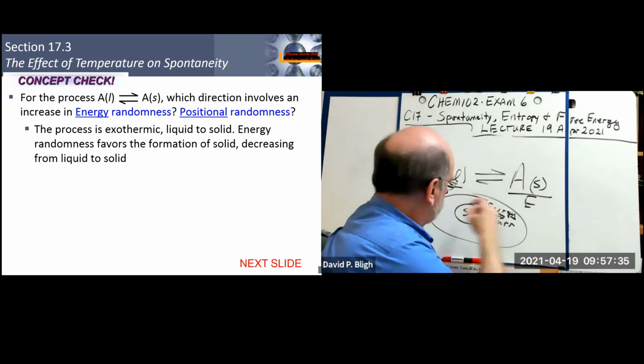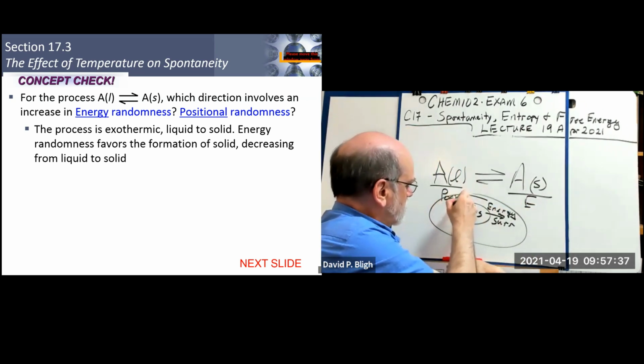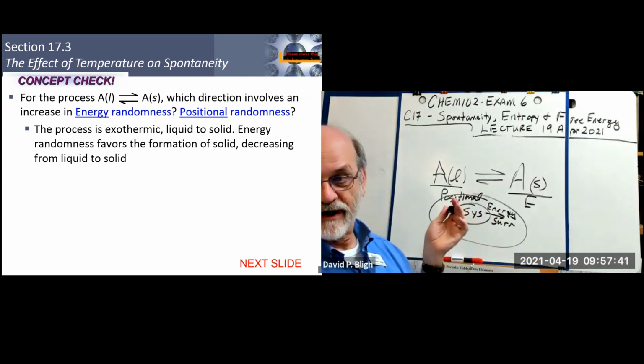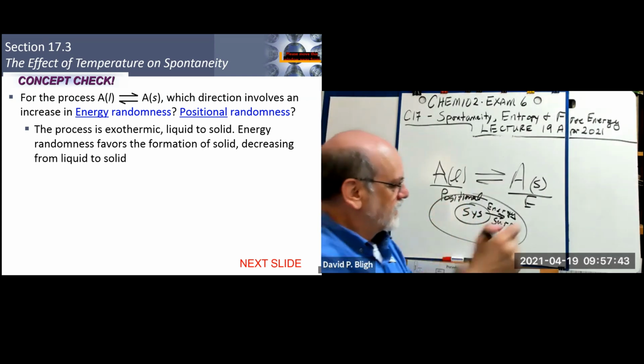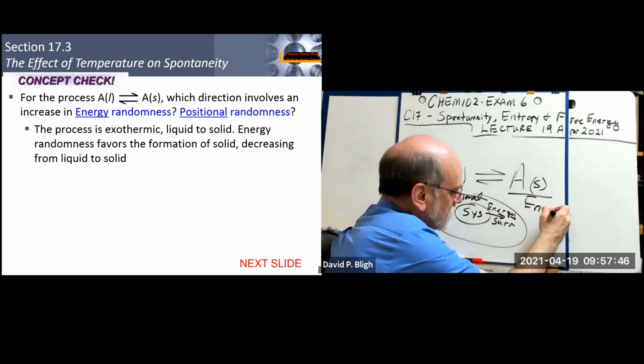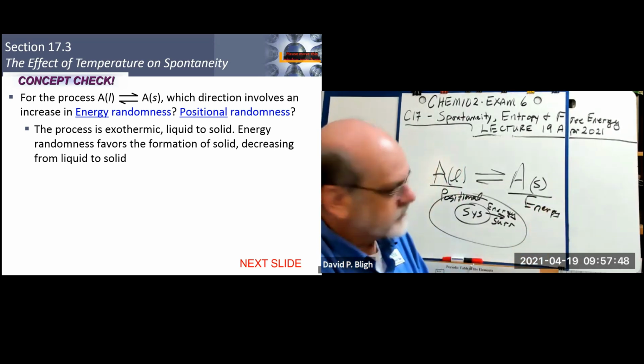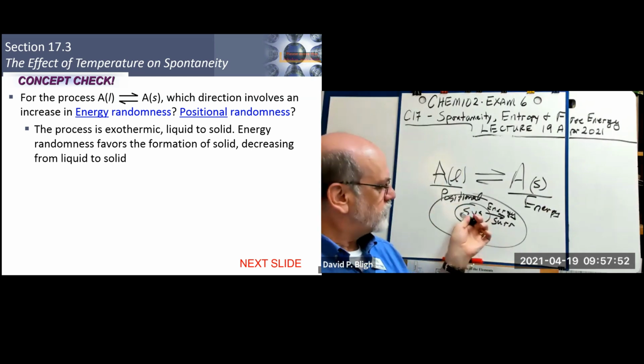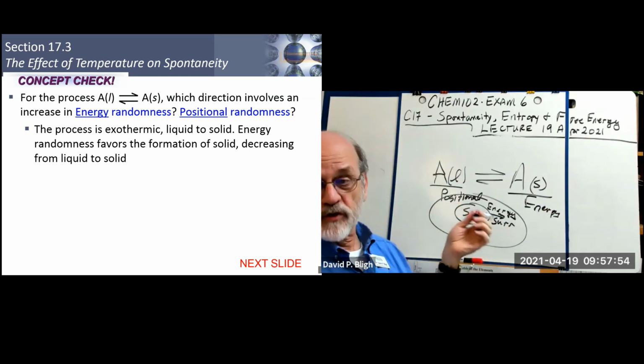So this is positional. I don't want to be mistaken for pressure. That's positional randomness, where this is energy randomness. So one favors the solid and the other favors the liquid, simply because when you lose energy, the system becomes more stable.